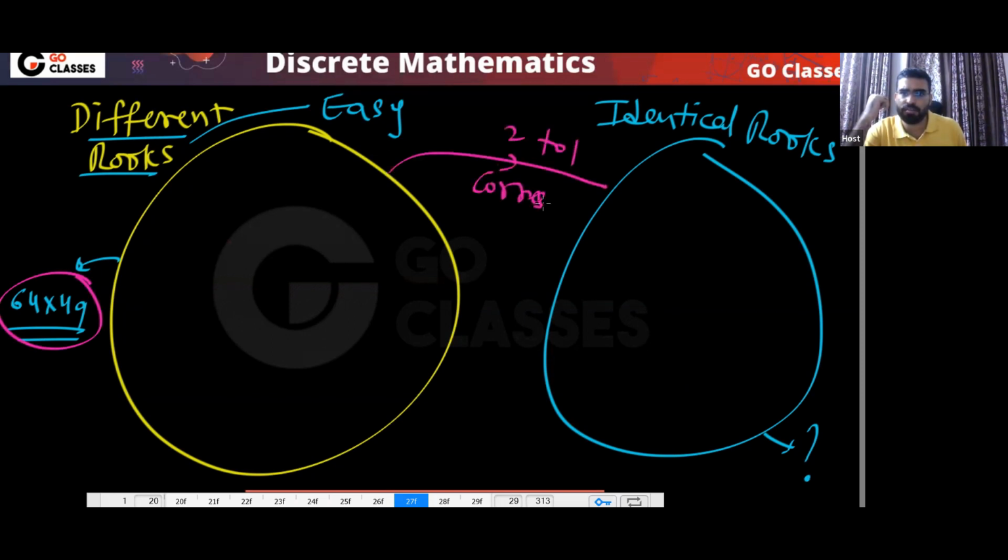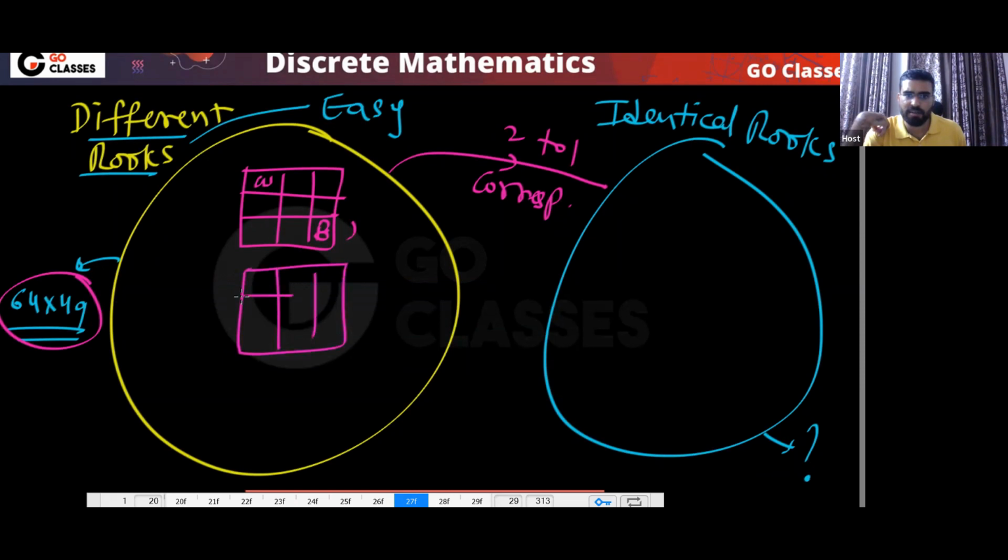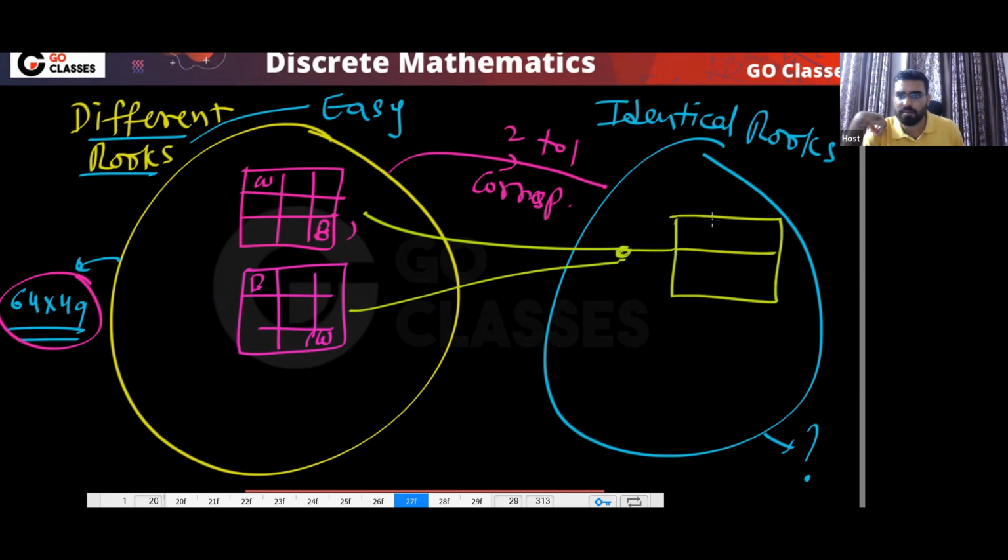See these two cases, white comma black and black white. These are different, but you can notice these two cases will be the same here because you have identical rooks.